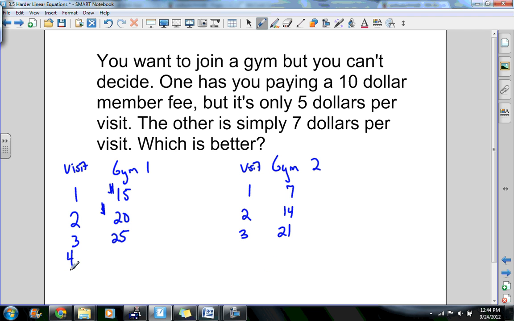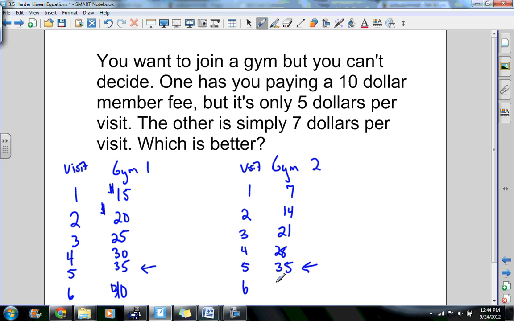And so it looks like I have to continue this pattern for a little while. Oops, 40. Then I'll continue this on here. 28, 35. Oh, I found a matchup. So after 5 visits, these gyms cost the same amount.